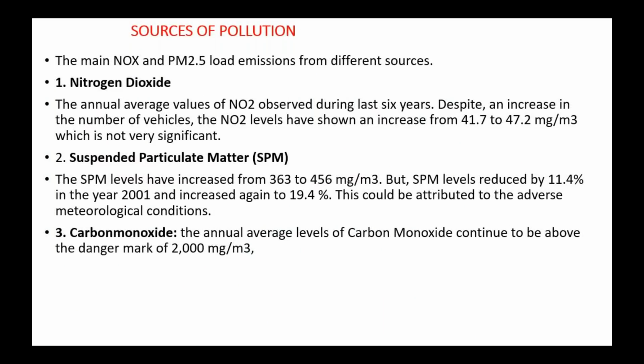Beyond considering all these sources of pollution, we mainly need to concentrate on nitrogen dioxide, suspended particulate matter, and carbon monoxide. These three are the major polluting sources. So if you see the annual average values of nitrogen dioxide observed during the last 6 years, right?